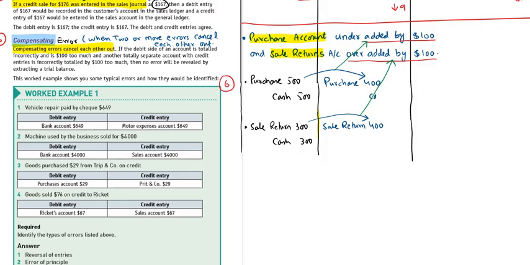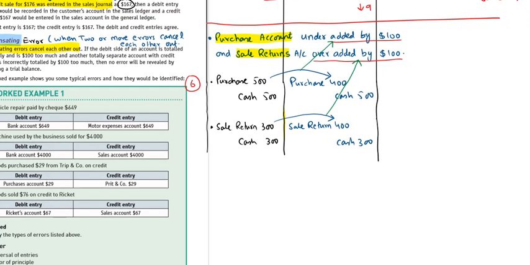So cash is 500, just like this. So you can see that there is no error in the cash, and the cash is recorded correctly. The only error happens in the recording of purchase and sale return. So what will be the rectifying and correcting entry of this error?